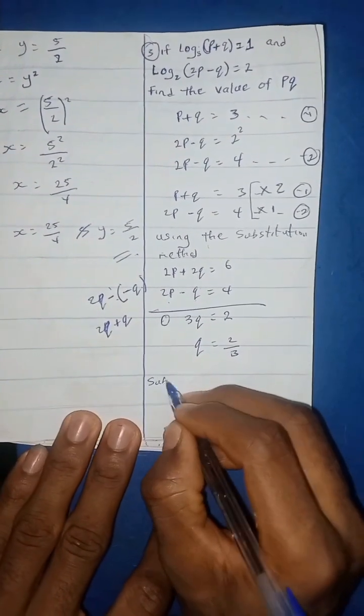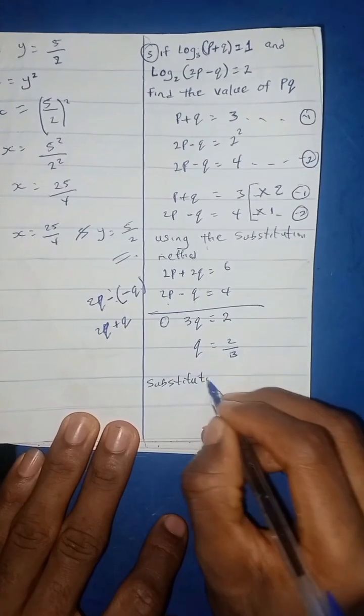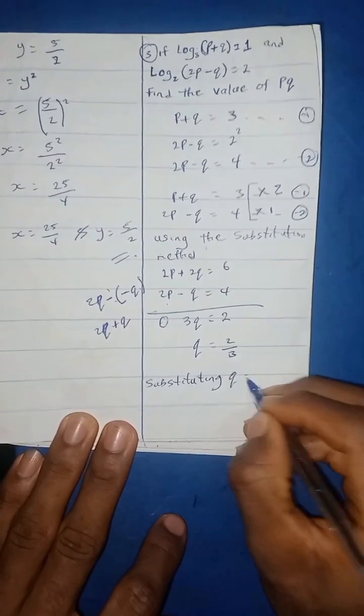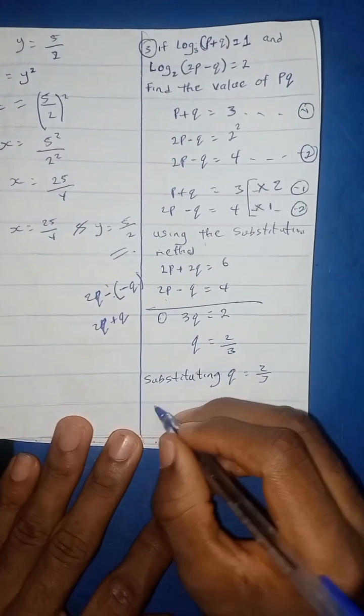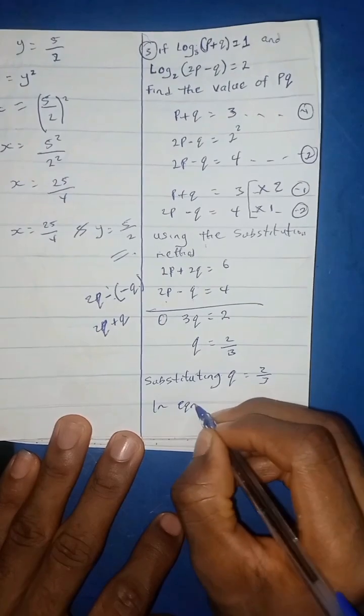Alright, so substituting q is equal to 2 over 3 in equation 1, we're having p plus 2 over 3 is equal to 3. Alright, so this 2 over 3 goes to the other side. We're having p is equal to 3 minus 2 over 3.